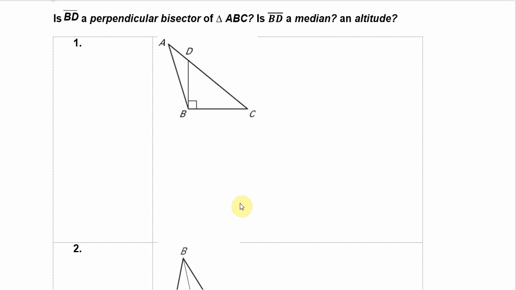All right. Now, in this part of the lesson, it's helpful to recap what we've learned so far, whether these segments here are perpendicular bisectors, medians, or altitudes, and why or why not. Okay. So here in this case, it's actually none of them. It's none of them because this line segment here does touch the vertex, but it is not perpendicular to the opposite side.